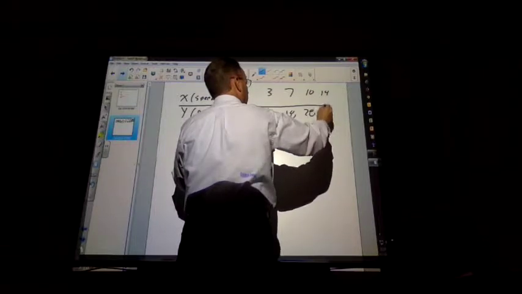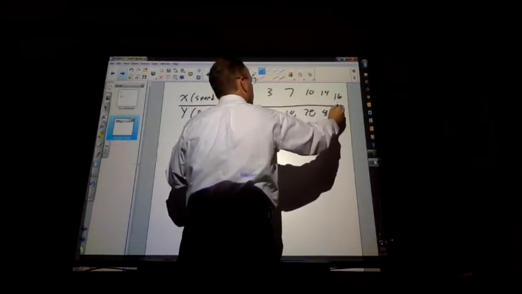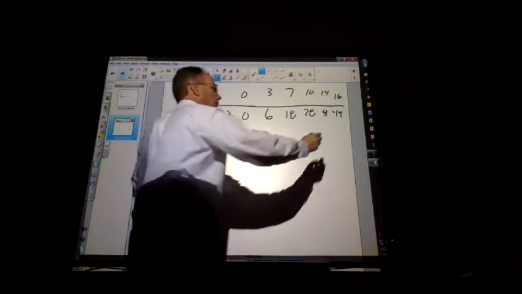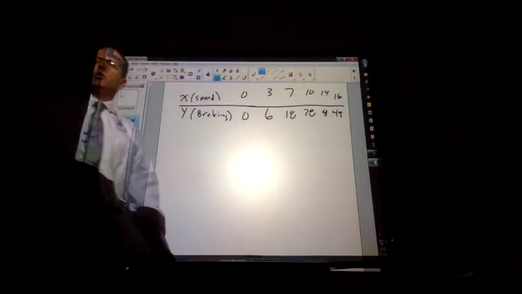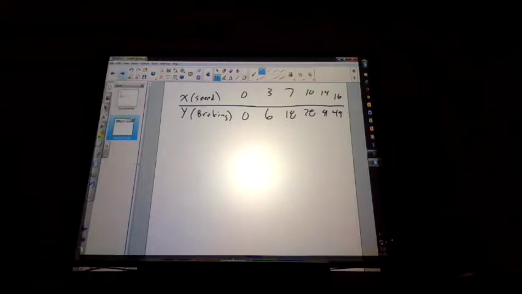All right. So this could be a definite type of example that you would see on the test. Okay, this would be on the calculator portion of the test.